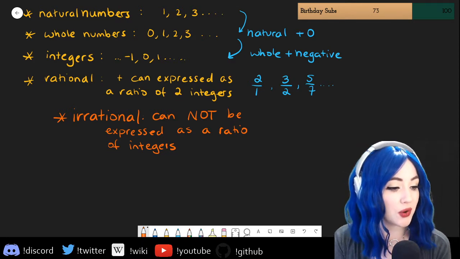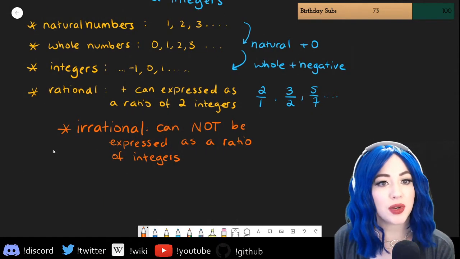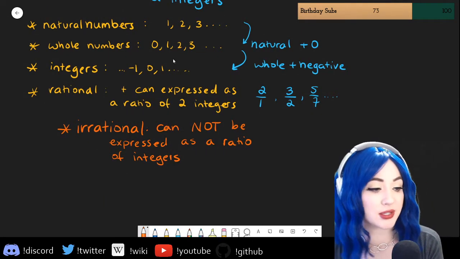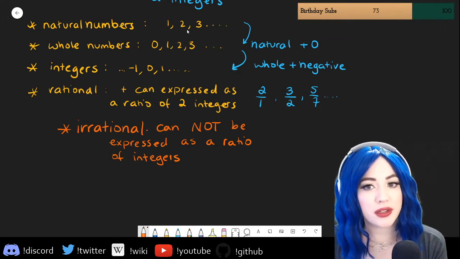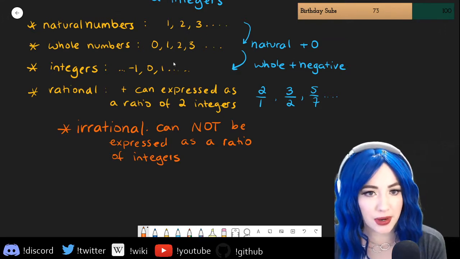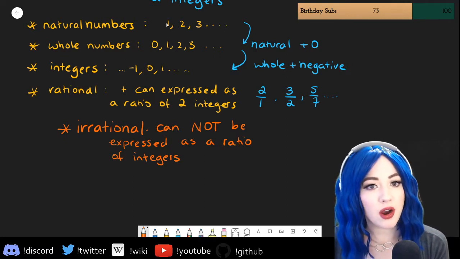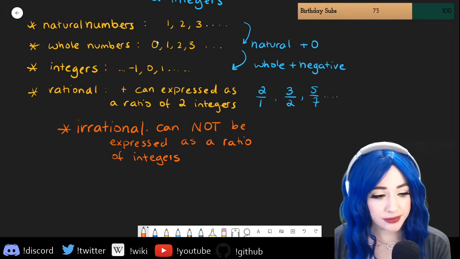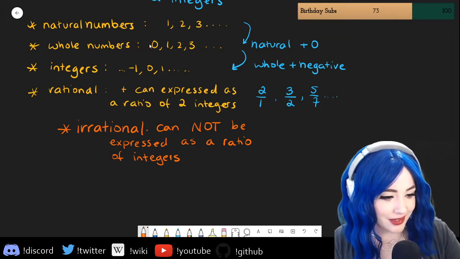And wait, what are whole numbers and integers? No worries, Prutz. Okay, so natural numbers, you can think of these as your counting numbers. So this is 1, 2, 3, etc. And whole numbers are your natural numbers plus 0. And wait, am I still swapping it?